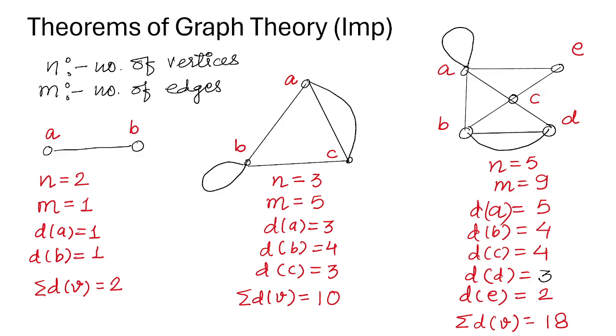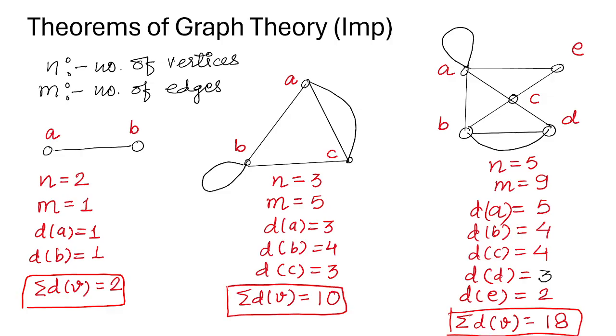Now, what can you observe? The first thing is that whatever the graph may be, the total degree is coming out as even. So this is one observation: the total degree of any graph will always be even. The second thing is the relation between the total degree and the size of the graph.